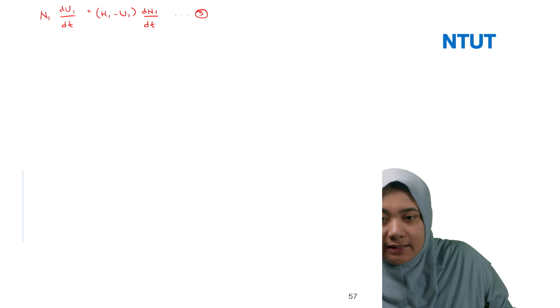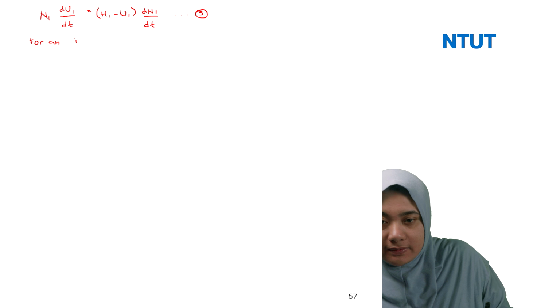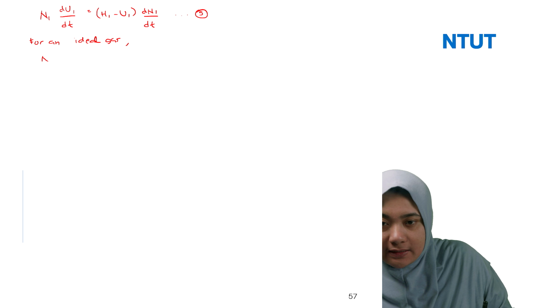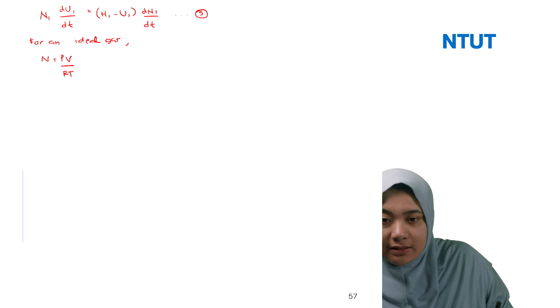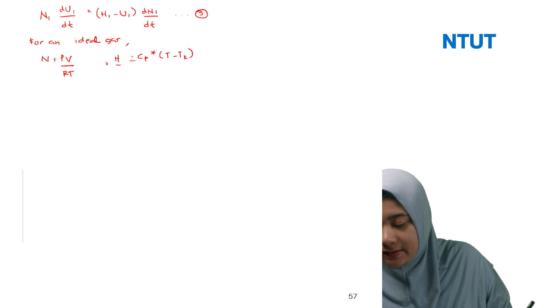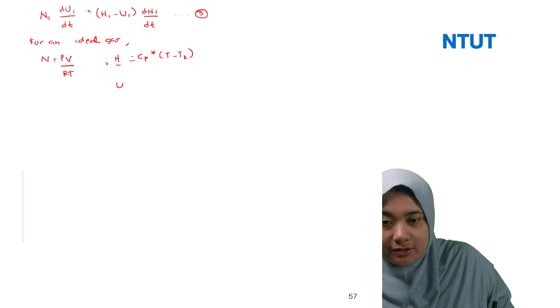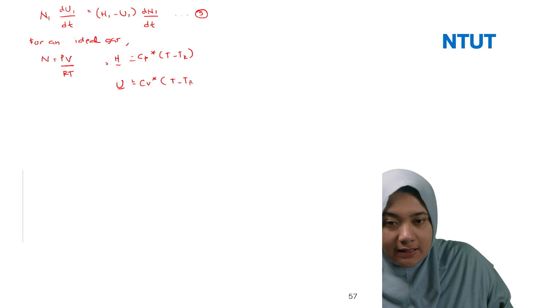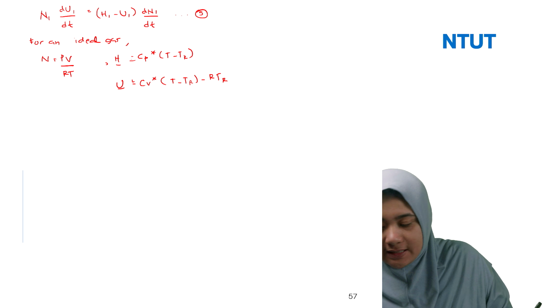Then for an ideal gas, we can use N equal to PV divided by RT. For H, we can use Cp asterisk (T minus Tr) for the reference state. For U we can also use Cv asterisk (T minus Tr) minus R Tr.